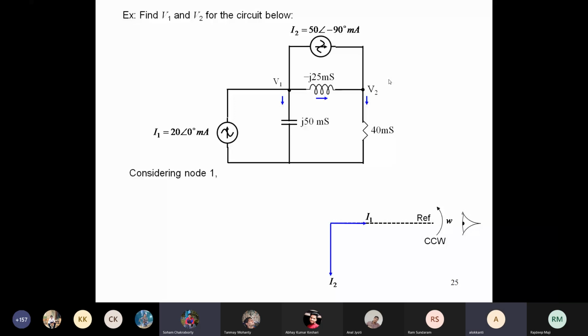No. Sir, V1 is minus 46.37 degree. No. Sir, V2 is 1.5926 angle minus 49.96 degree.